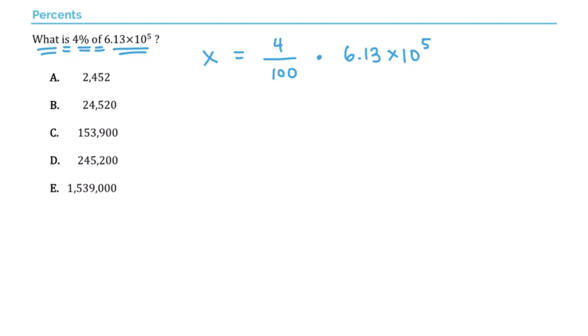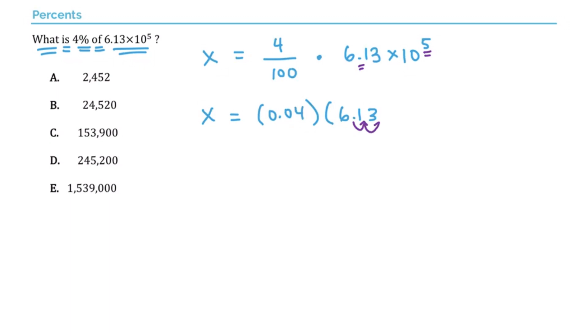All right, so let's go through and convert. We have x equals 4%, 4 divided by 100 is 0.04, times 6.13. Now I'm going to multiply by 10 to the power of 5, which just means to take this decimal place and move it 5 places to the right. If it was 10 to the power of -5, we would go 5 places to the left. Because it's 10 to the power of 5, we go 5 places to the right.